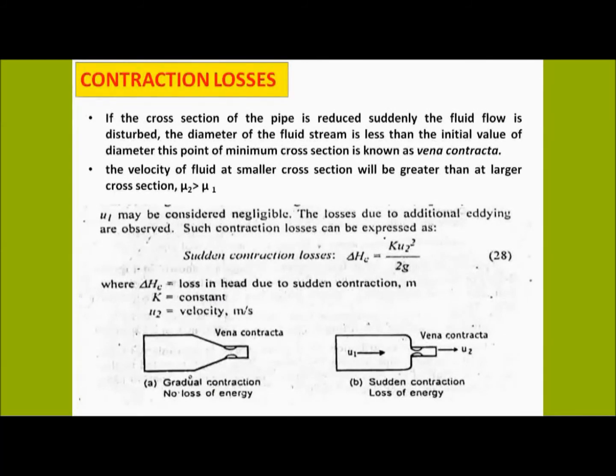Here you can see u1 may be considered negligible. Thus the loss due to additional eddying is observed here. Such sudden contraction losses can be defined as h equals k u2 square divided by 2g, where u2 is the velocity, k is a constant, and h is the loss due to sudden contraction.